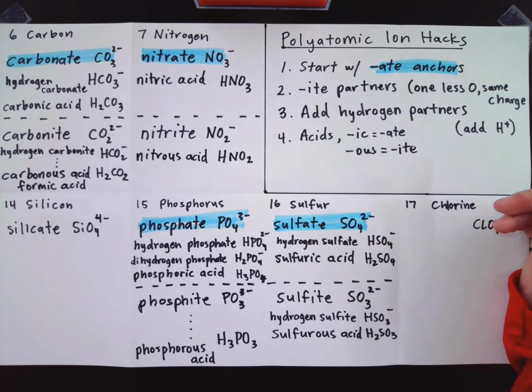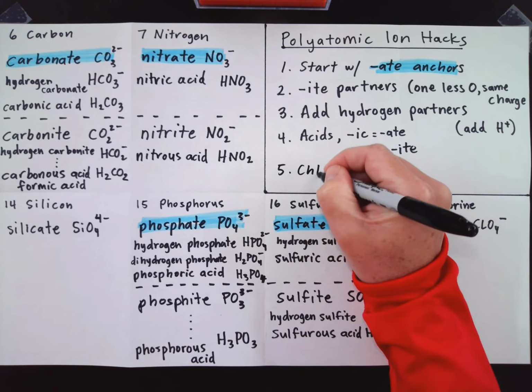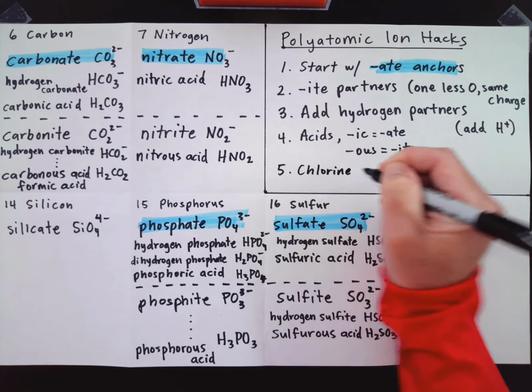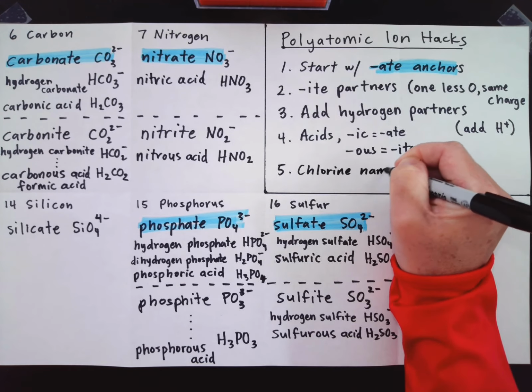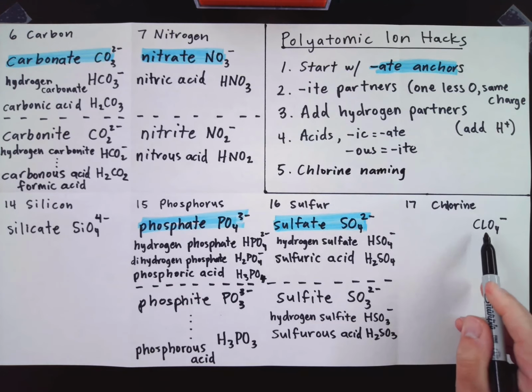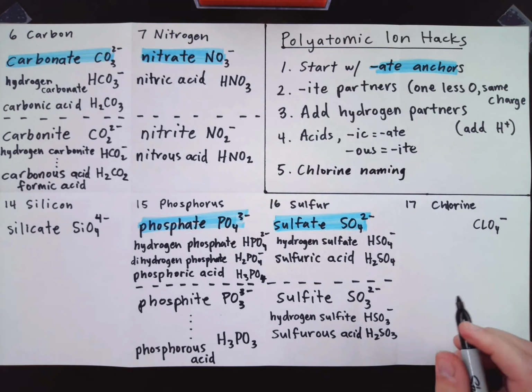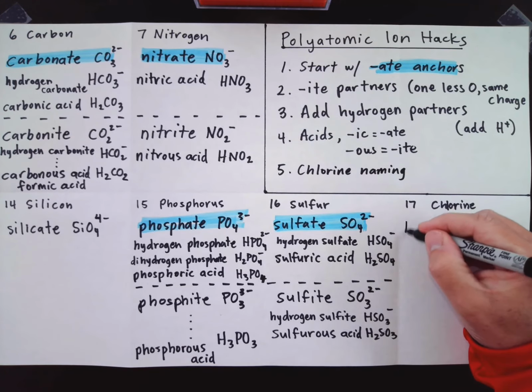The last step to kind of building out our list of polyatomic ions would be the chlorine naming. So again, I thought it would be nice if ClO4 with a minus charge was called chlorate. It is not. It is perchlorate.